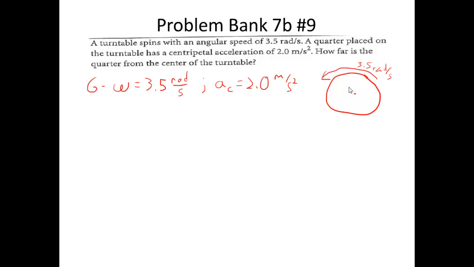So it's asking us where on this turntable from the center is a quarter placed. So that will be our R. Okay, so our unknown is our radius.